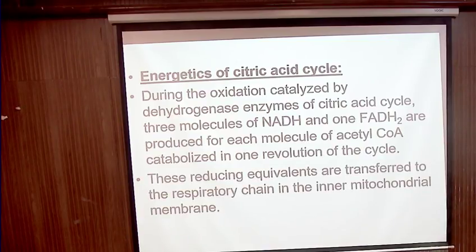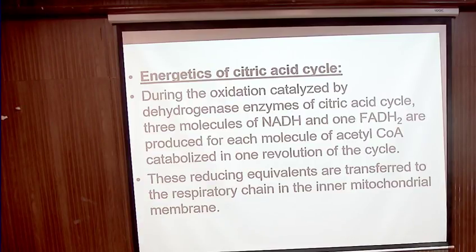If you're talking of 1 molecule of glucose, it has already produced 2 molecules of pyruvate. Eventually that converts into 2 acetyl-CoAs, which means 1 molecule of glucose would undergo the TCA cycle 2 times for complete breakdown. So whatever we are calculating here again needs to be multiplied by 2.